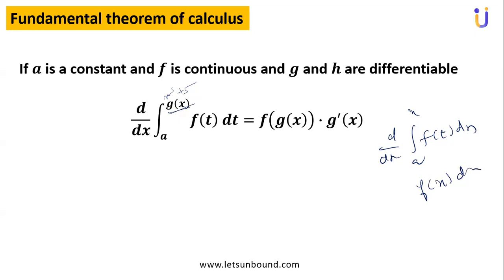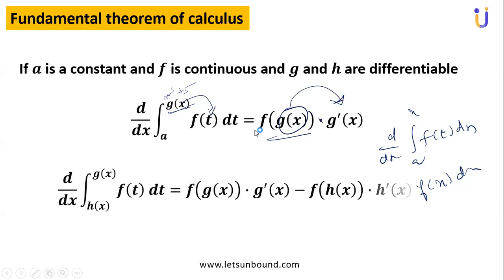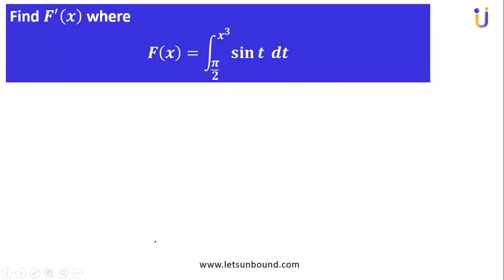But instead of x, if you have g of x, again plug in f of g of x and apply the chain rule. Whatever is inside, you differentiate, g dash of x. Another case, both limits are functions, h of x to g of x. Again, you apply f of g of x times g dash of x minus f of h of x times h dash of x, right?